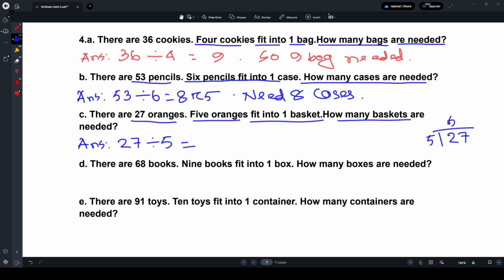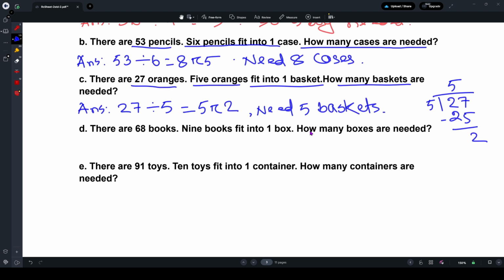It means 5 times 5 is 25. So subtract from 27, it will be 2. So it means 5, remainder 2. So need 5 baskets, right? 5 baskets.